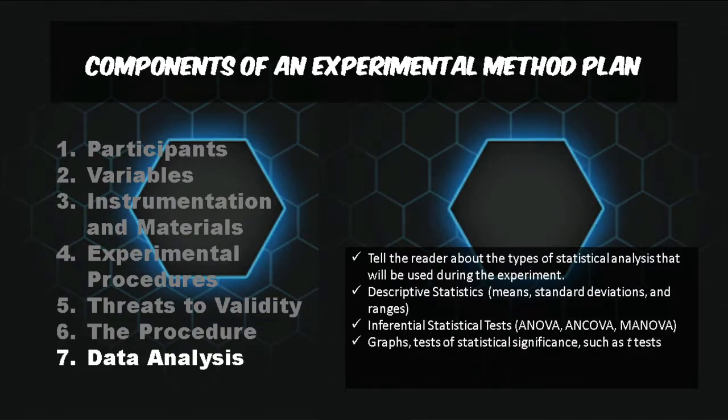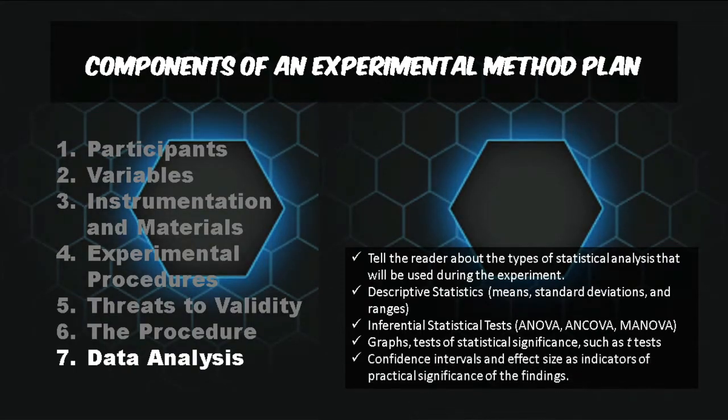It could also involve graphs or tests of statistical significance such as t-tests. T-tests are still inferential statistics though. Confidence interval and effect size as indicators of practical significance of the findings. Again, I am showing you what to include in an experimental research proposal. So let's be reminded of these items 1 through 7.